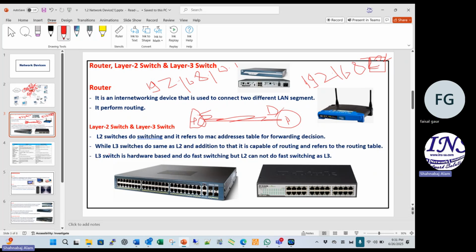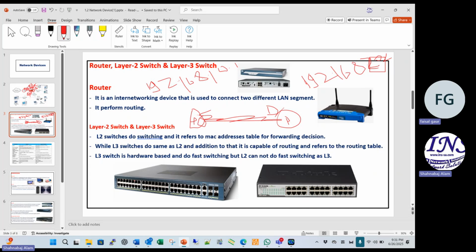We can configure routing, and we have port speed and port reliability, and data can be transferred to any switch. Connectivity is also reliable, and flexibility is there too. So between layer 2 and layer 3, layer 3 is better, but it is also costly, and layer 3 is used in big network environments.